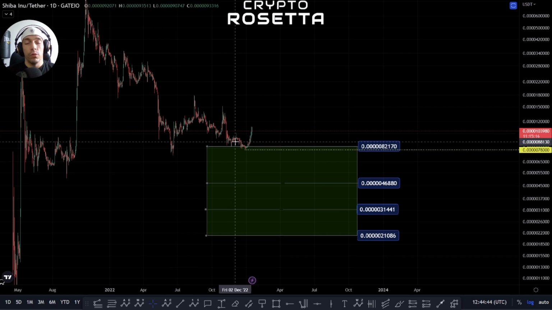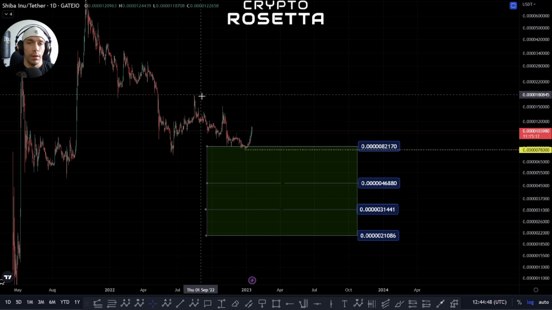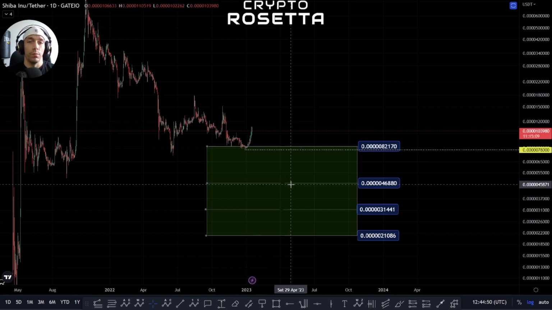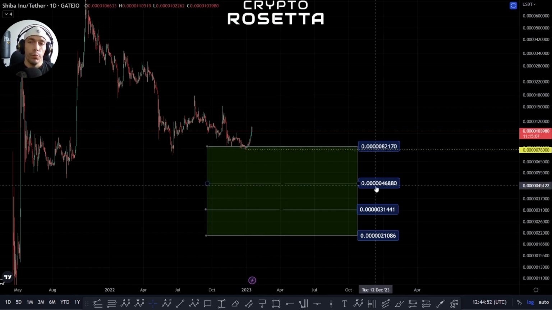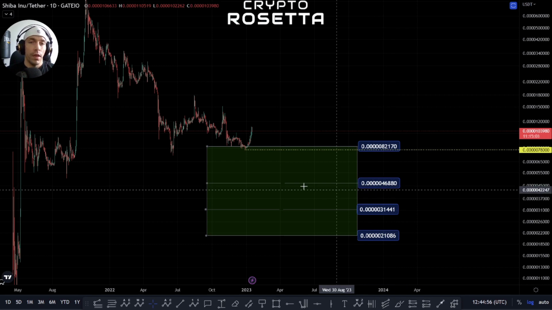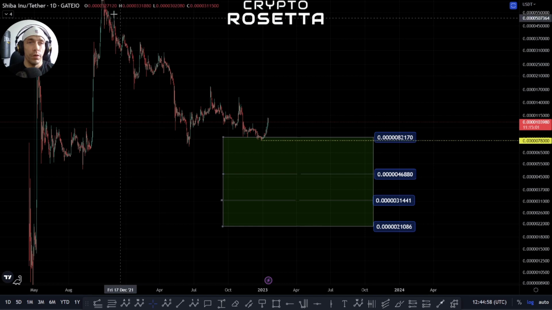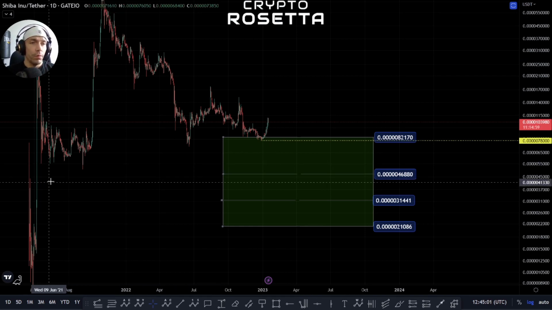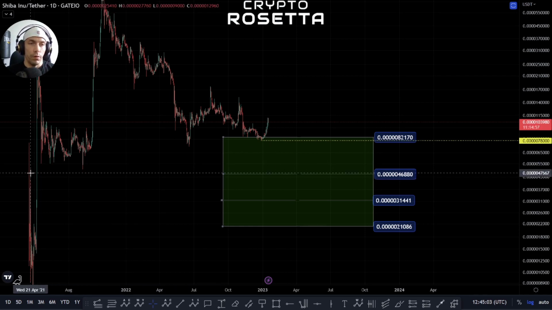However, like I said, we need to wait for that confirmation, because getting bullish too soon could end up getting us trapped, and then this just carries on pushing down lower. If we do push down lower, this 46880 would be an interesting area to me, because that would be a 0.618 retracement. And it would also sort of line up with some of these zones over here.